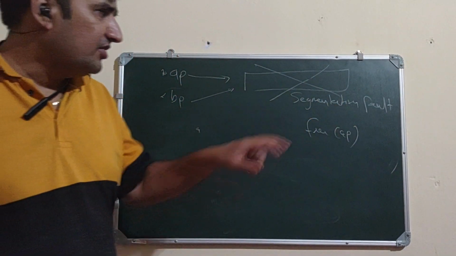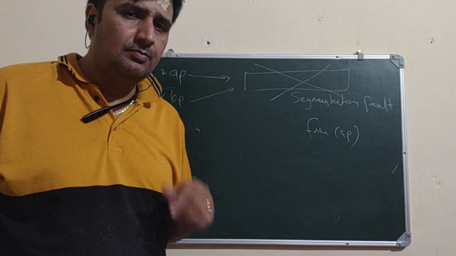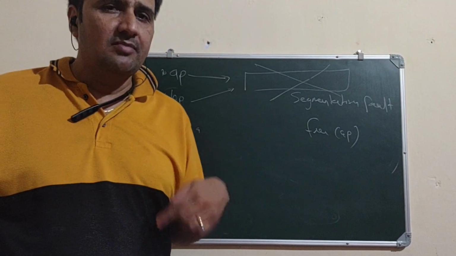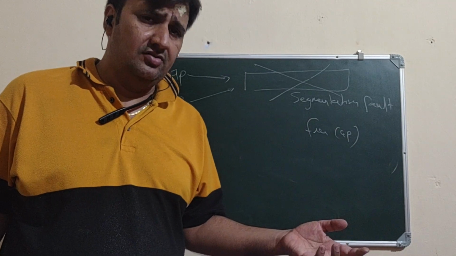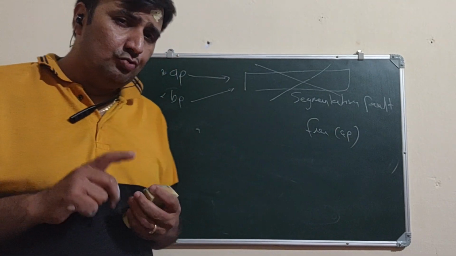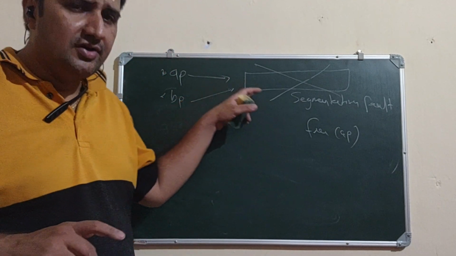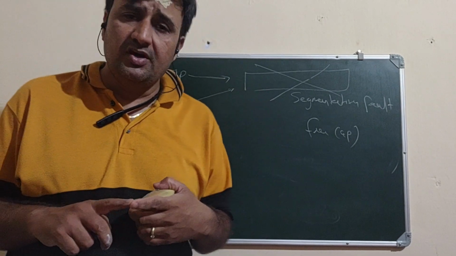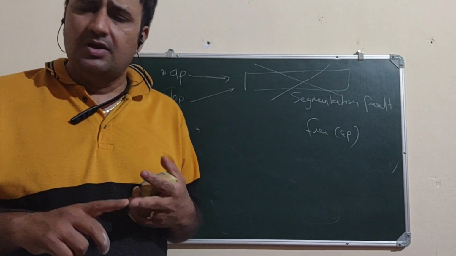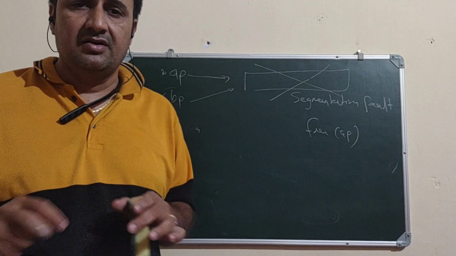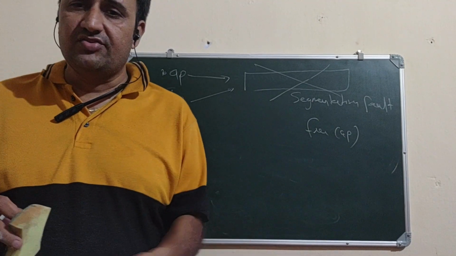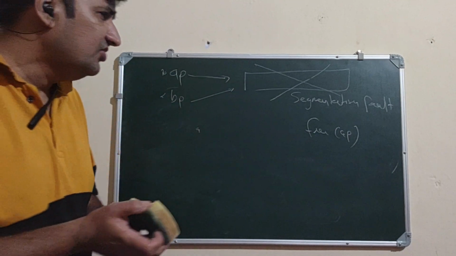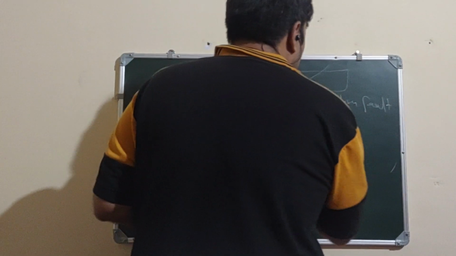Most of the time the segmentation fault happens because we are accessing a memory location which is not allowed to be accessed. Many reasons could be there, such as a dangling pointer. The other reason could be array index out of bound, and many other reasons. You have a null pointer, and then you are trying to access that memory. All these things come under the segmentation fault.